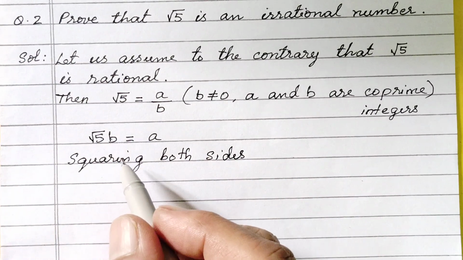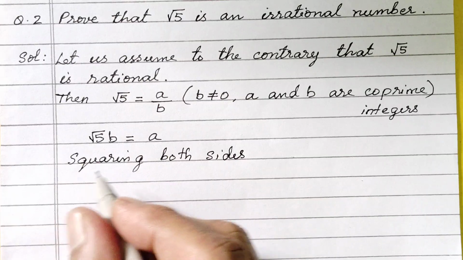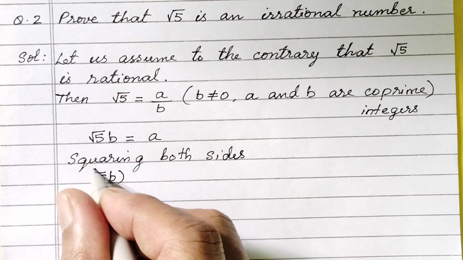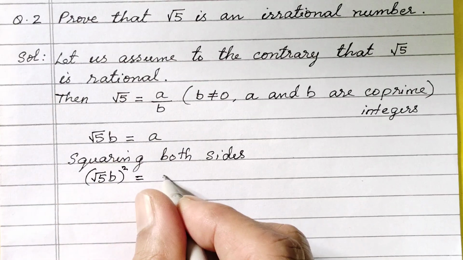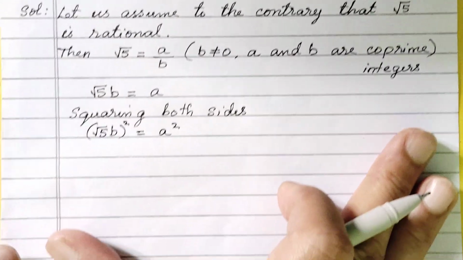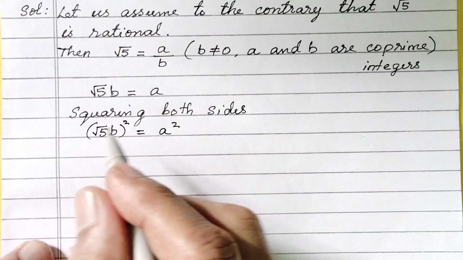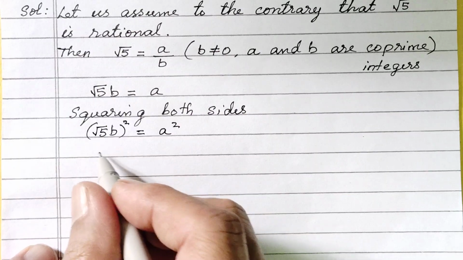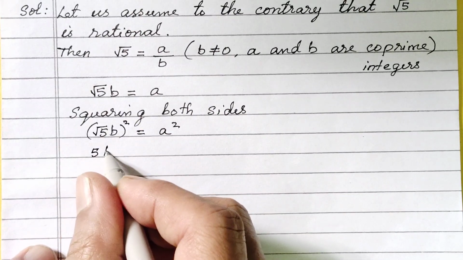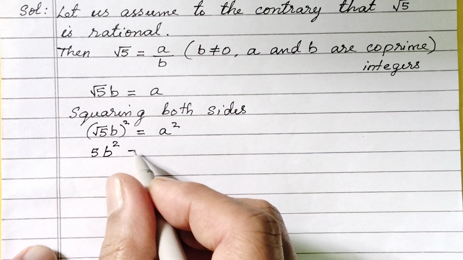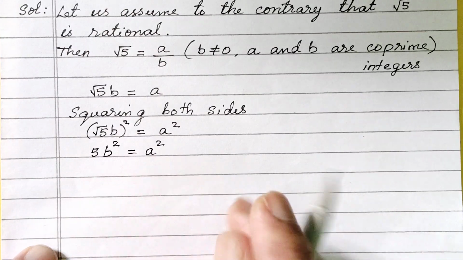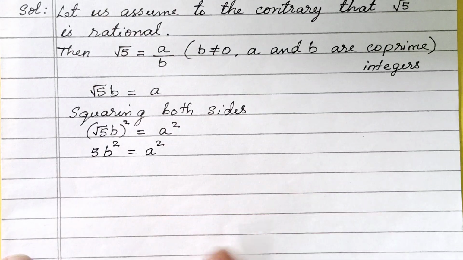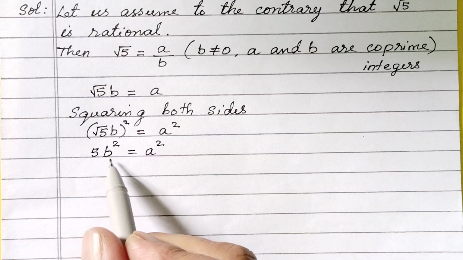So root 5 b whole square is equal to a square. Root 5 b into root 5 b is 5 b square, because root 5 and root 5 is 5, is equal to a square. You can see here 5 into b square is a square.